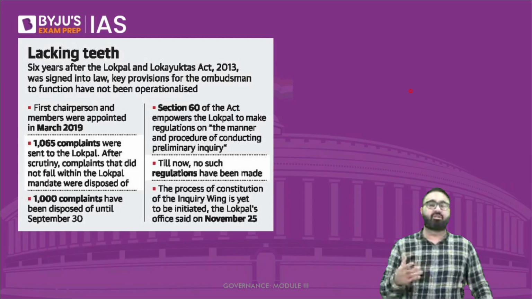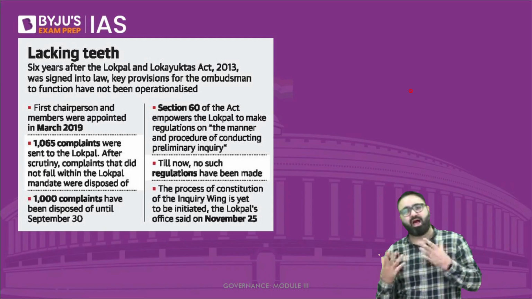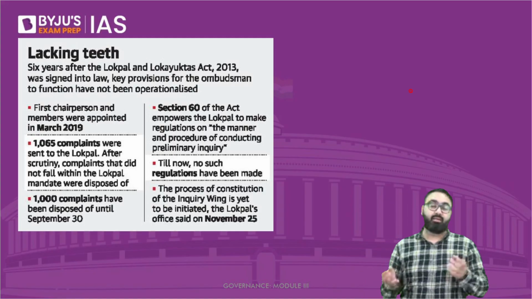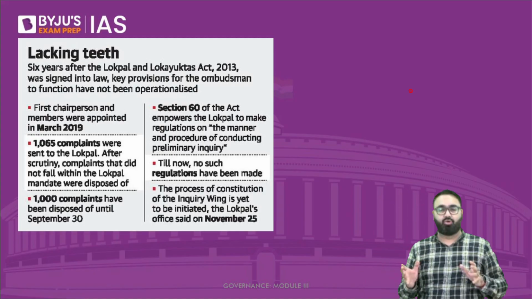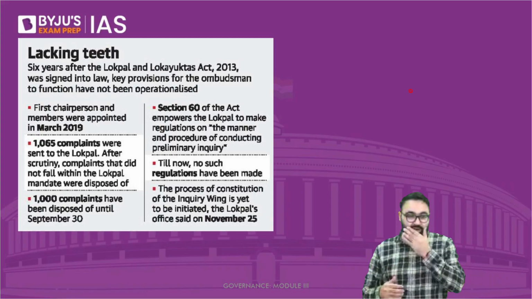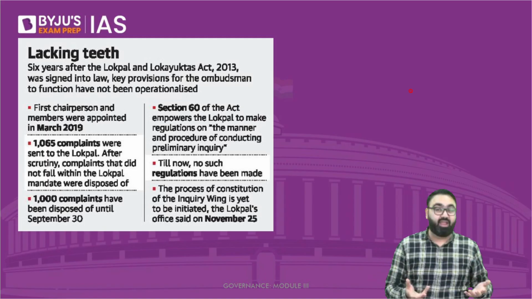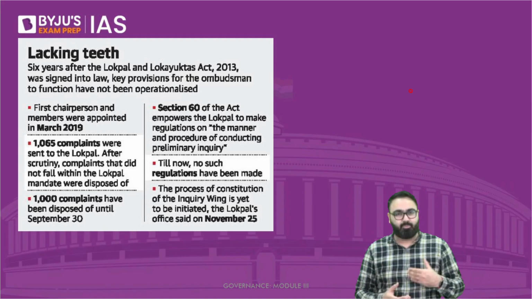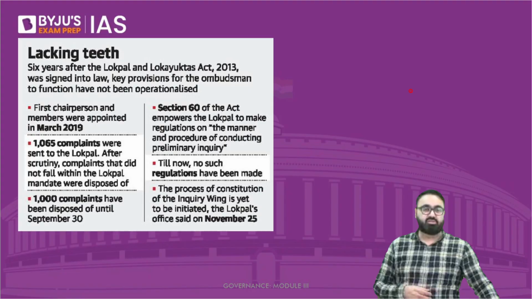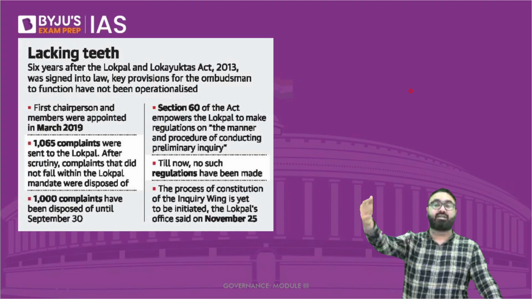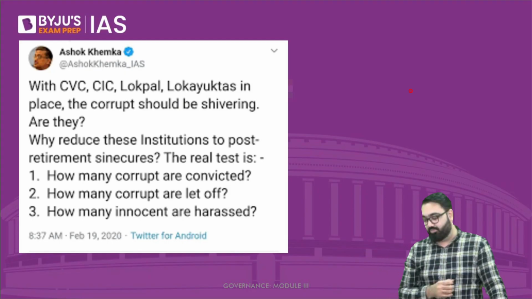If you really want a strong Lokpal, start telling them, I will only give you vote if you give me a strong Lokpal. And automatically they will change. Until the people change, you can't expect the government to change. Why would they change? If everything is running fine, they are getting the votes, they are running the government properly, why would anyone change? So rather than criticizing the government, the change has to start from you.